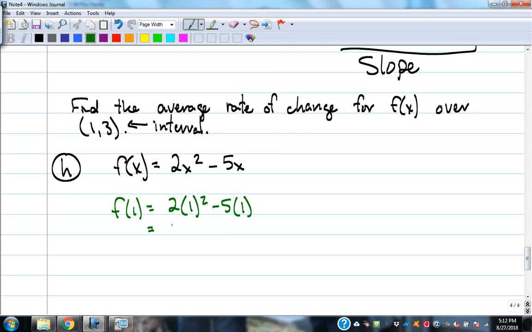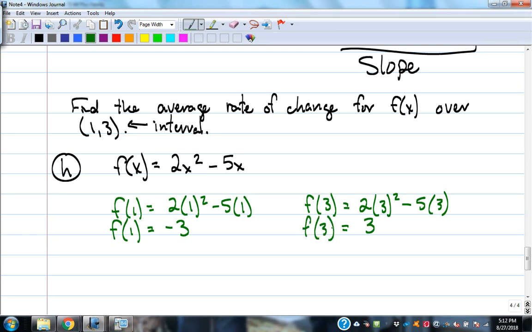That'd be 2 minus 5 is -3. And then we're going to plug in 3 for x. 2 times 3 squared minus 5 times 3. So 2 times 9 would be 18. 18 minus 15 is 3. So we get f of 3 is 3, f of 1 is -3.